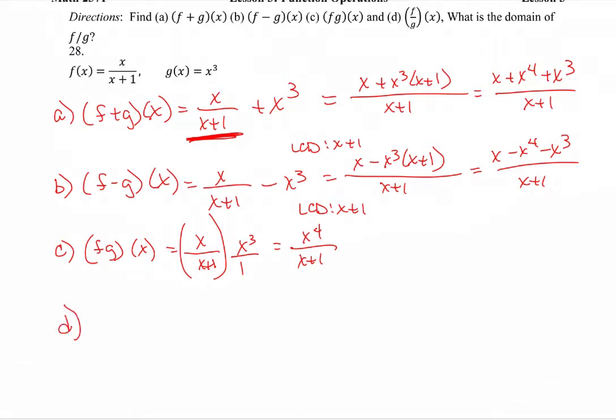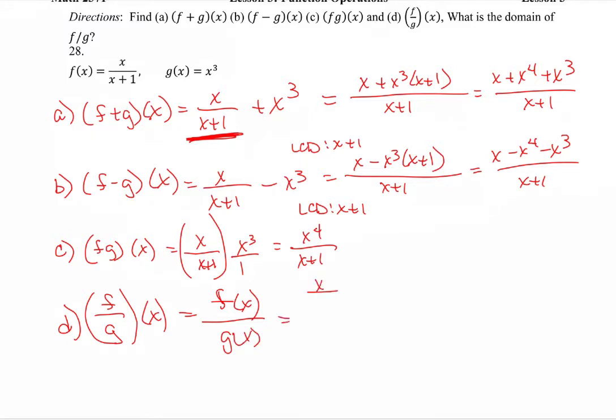And for D, we have f over g of x, which is f of x over g of x, which ends out being x over x plus 1 all over x cubed.